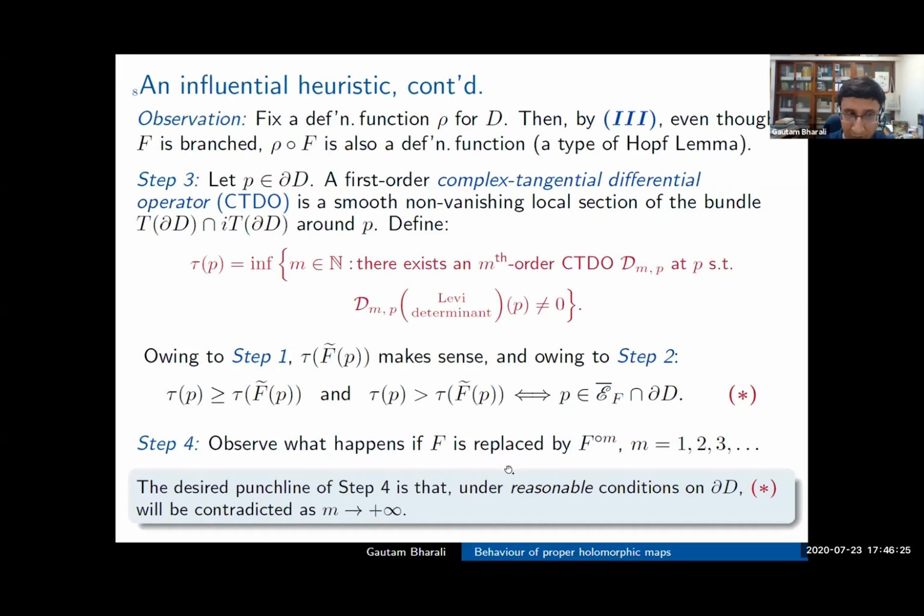So step four is a step where you actually have to do something. You now need to impose reasonable conditions on the domain. This is where geometry comes into the picture, such that as m goes to infinity, somehow or other, the statement is going to be contradicted.